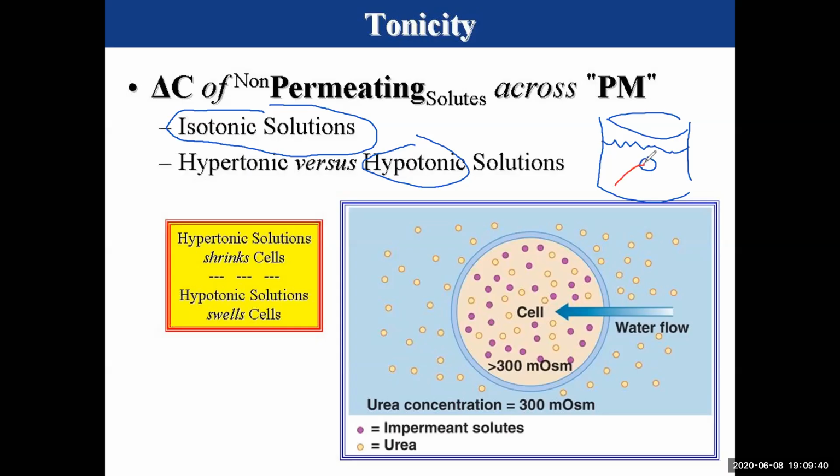Again, water goes wherever salt goes. In the hypotonic solution, inside the cell contains more salt than outside, so water will go into the cell. The cell will gain water, the cell will swell, and ultimately the cell will burst. Okay? So that's why I wrote here, hypertonic solution shrinks the cell, hypotonic solution swells the cell. Both cases, the cell will die.